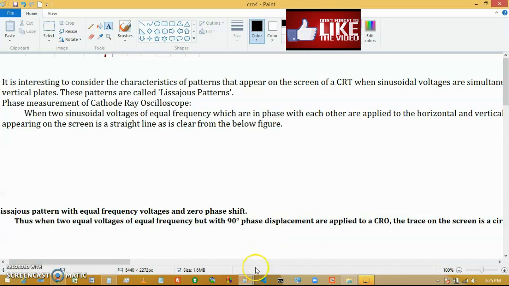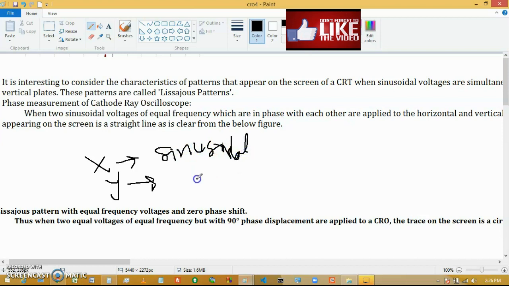So the main motto of the Lissajous figure, I am again repeating, is to measure the phase and the frequency of an unknown signal. And for the case of the Lissajous pattern, we apply a sinusoidal signal in the X plate, and in the Y plate we are also applying a sinusoidal signal.